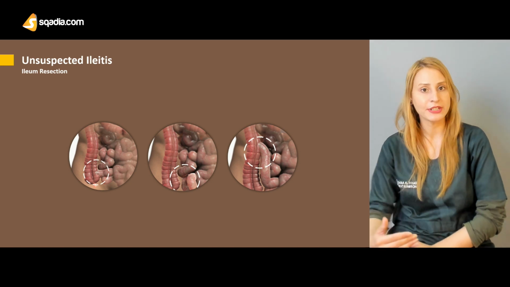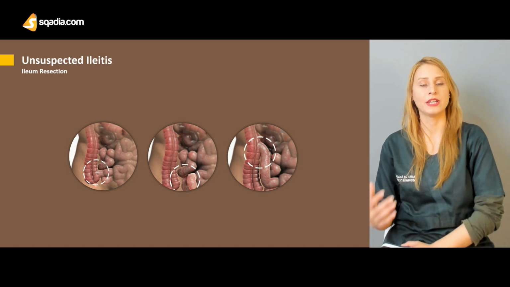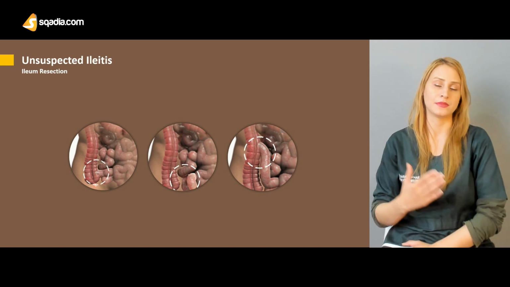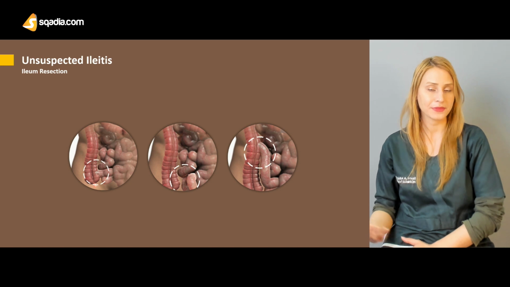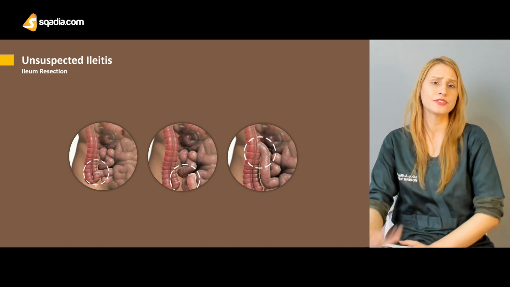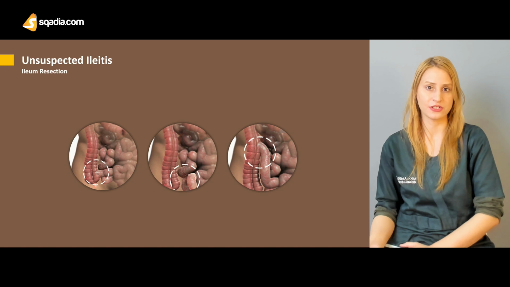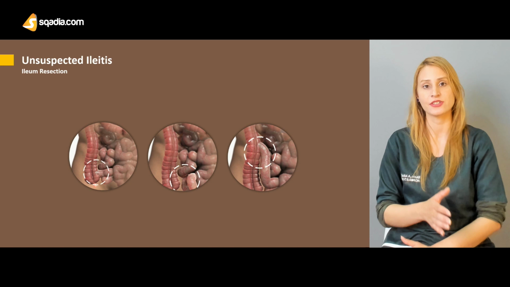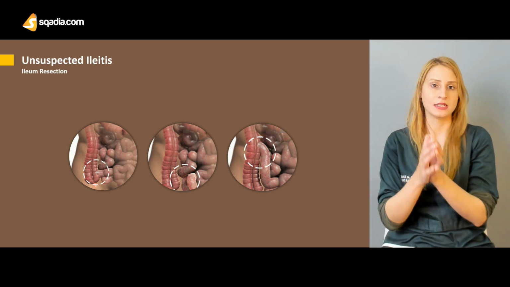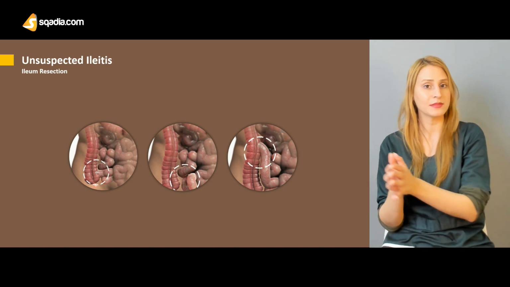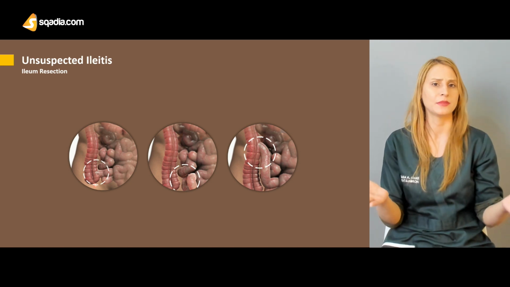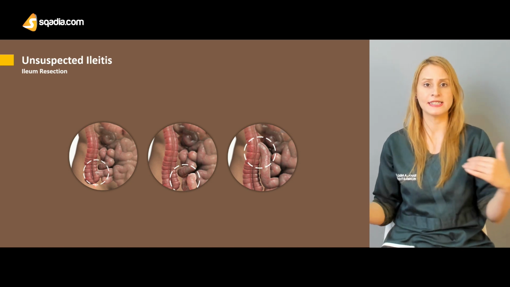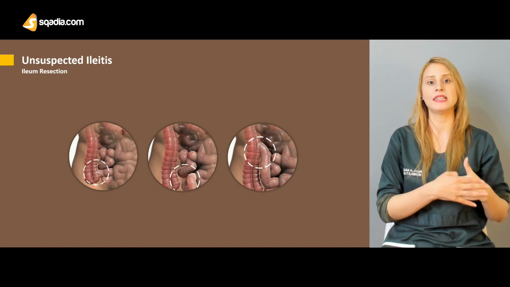do the primary anastomosis with the ascending colon, or you have to do the anastomosis with the transverse colon if you do the ileocecal resection along with the ileal resection. But if you're only doing the ileal resection, usually you remove the terminal or distal ileum, so the remaining proximal portion is primarily anastomosed with the cecum.